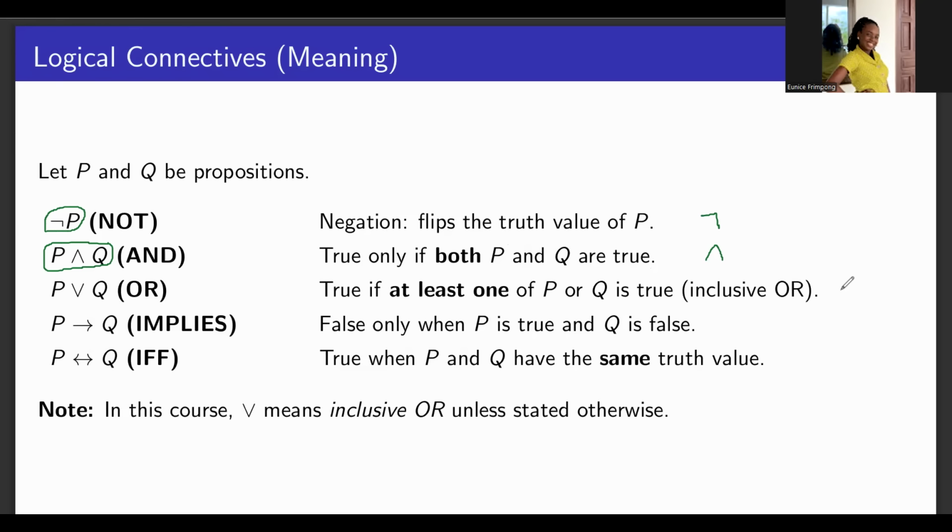Now we look at or, which we write as this, and we have it here as P or Q. This is true if at least one of P or Q is true. So this is also a compound proposition, P or Q. If P is true, then the entire compound is true.